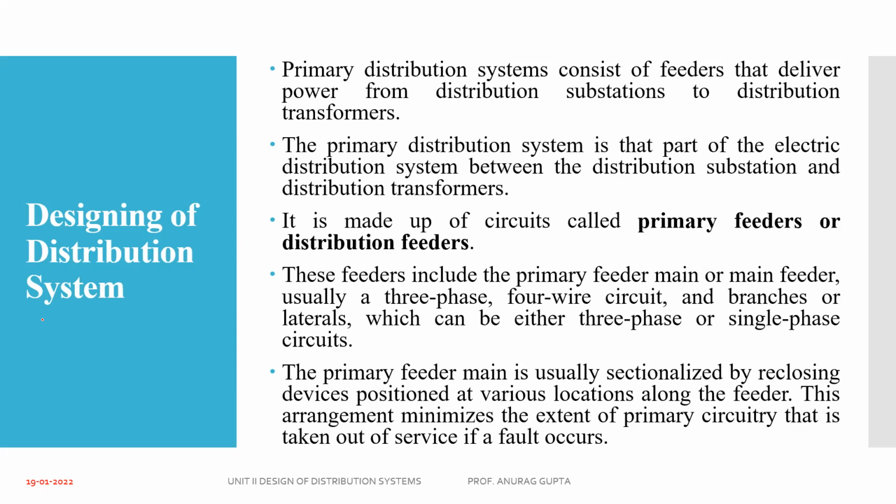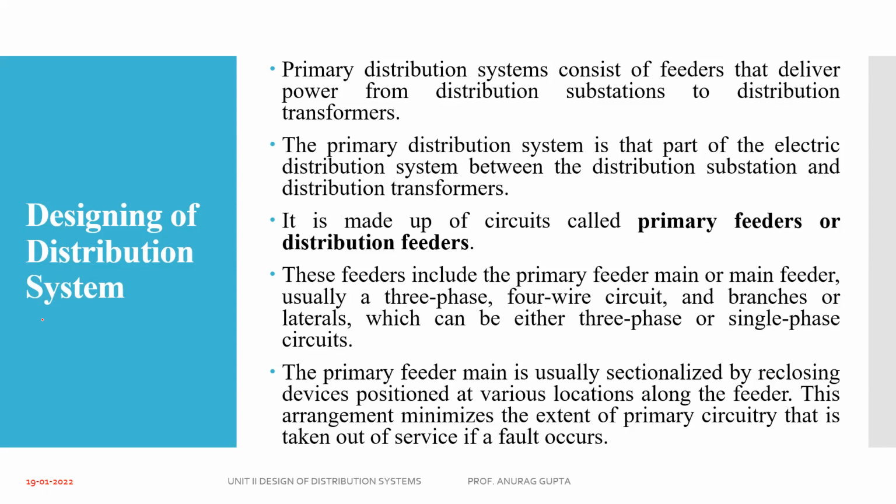So primary feeders, or distribution feeders, are dealing with stepping down the voltage with the help of a step down transformer, called the distribution transformer. Clear? They step down the voltage of 66 kV or 33 kV to 11 kV or 6.6 kV or 3.3 kV. These feeders include the primary feeder mains and the main feeder, usually a three-phase 4-wire circuit, having some branches and laterals, which can be either three-phase or single-phase circuits.